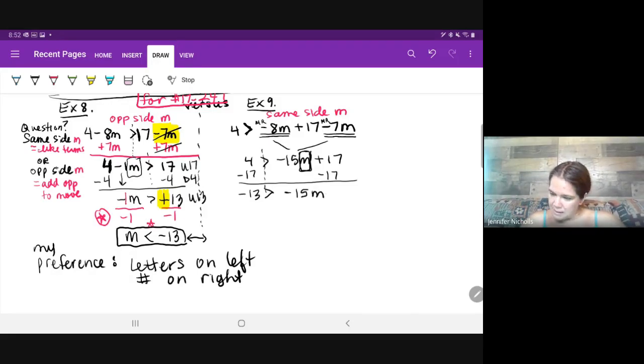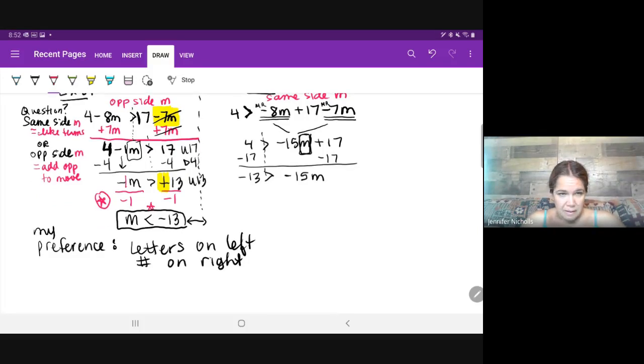Then what's next? Thank you, Alex. What's next? Okay, and I'm dividing by negative 15 because it's with the m. Okay, negative divided by negative is a positive. Weird fraction.